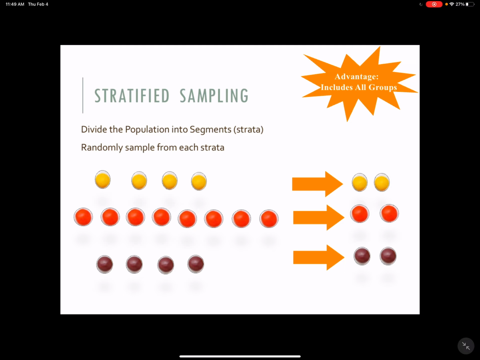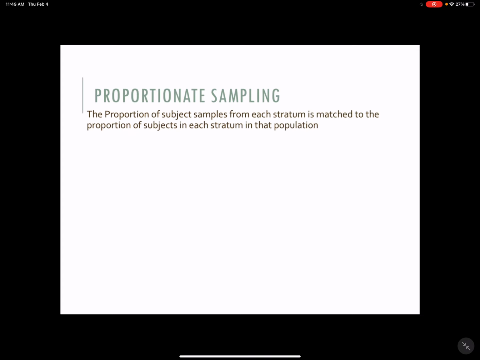But if it doesn't work for our population, if it's really important that the groups are proportionate, we'll move up onto the third type of sampling, which is proportionate sampling. And that's when the proportion of subject samples from each stratum is matched to the proportion of subjects in the population.